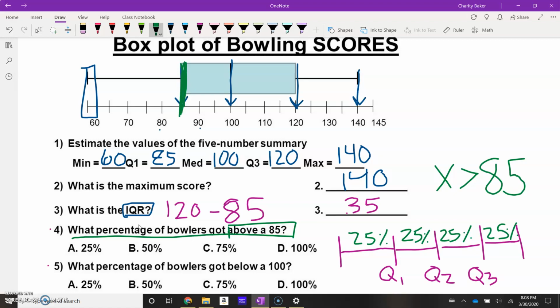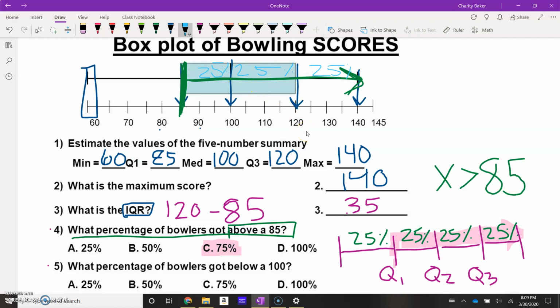And if we're going to be above 85, this is going to be everything larger than our Q1 here. So how many sections of 25 does that cover? 3 sections of 25, 25 plus 25 plus 25 is 75%. So 75% is above an 85 because each of these sections is 25%. Not 25 the number, but 25% of the data.